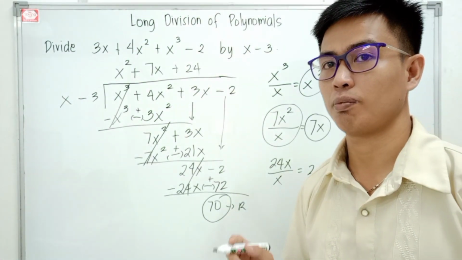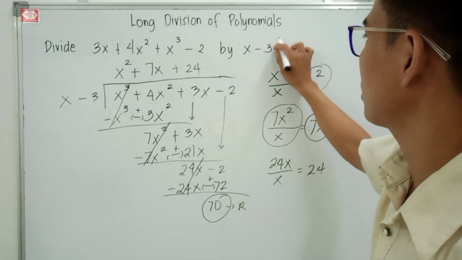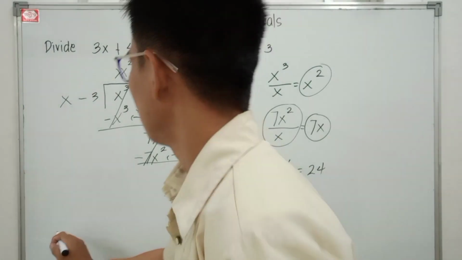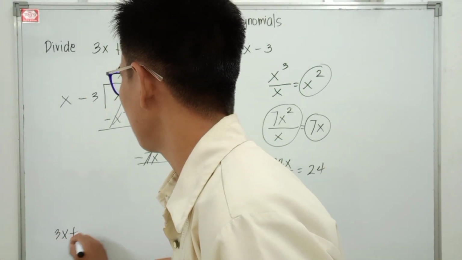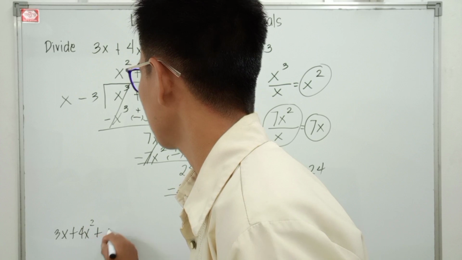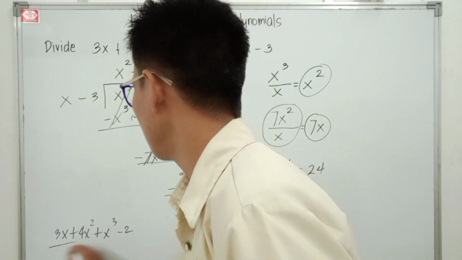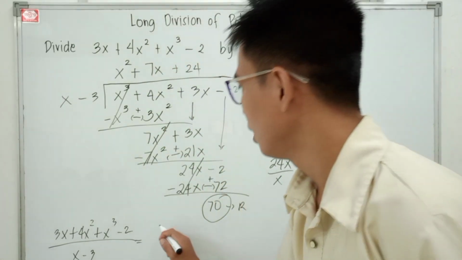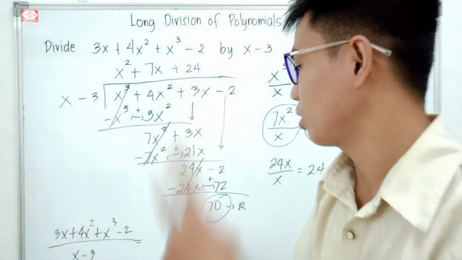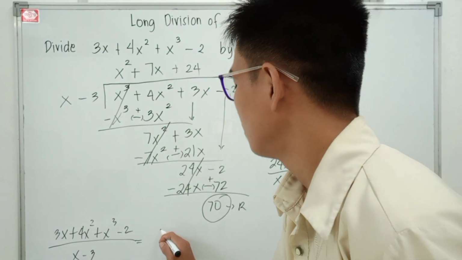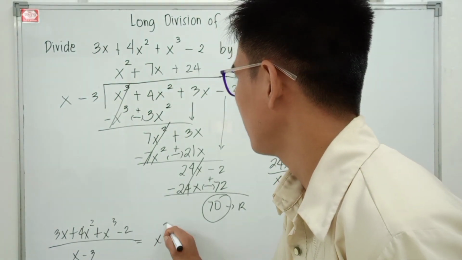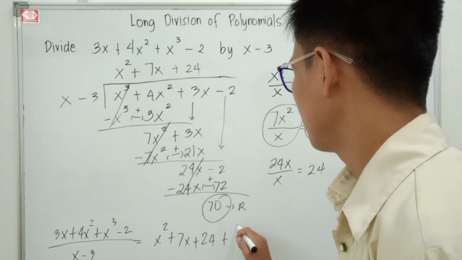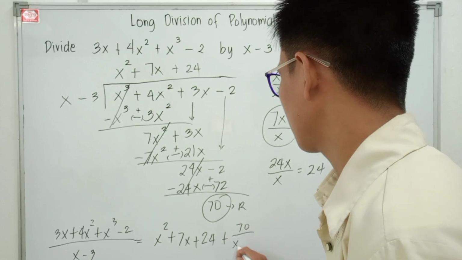So the result of dividing the polynomial, isusulat na natin yung final answer. So 3x plus 4x squared plus x cubed minus 2 divided by x minus 3 will be, pwede tayo magkaroon ng dalawang form ng sagot. Ang unang form is x squared plus 7x plus 24 plus 70 over x minus 3.